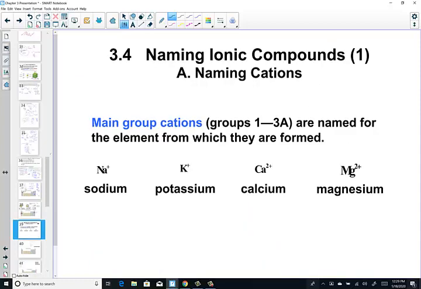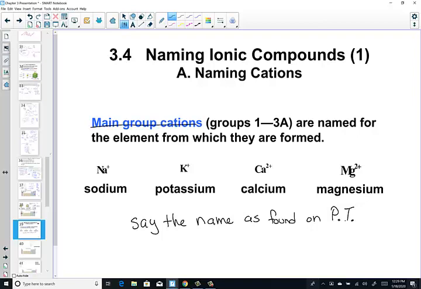When we name ionic compounds, those main group elements are simply named for the ions that they stand for. Say the name of the element. Positive ions do not get changed. We just simply say the name of the positive ion. And if I write PT, you'll know I mean periodic table.